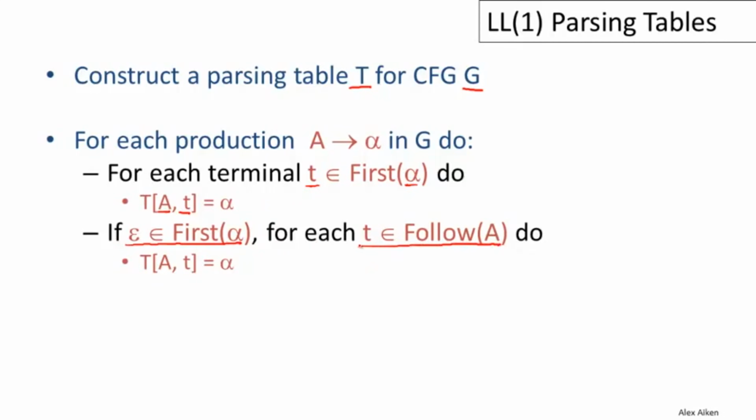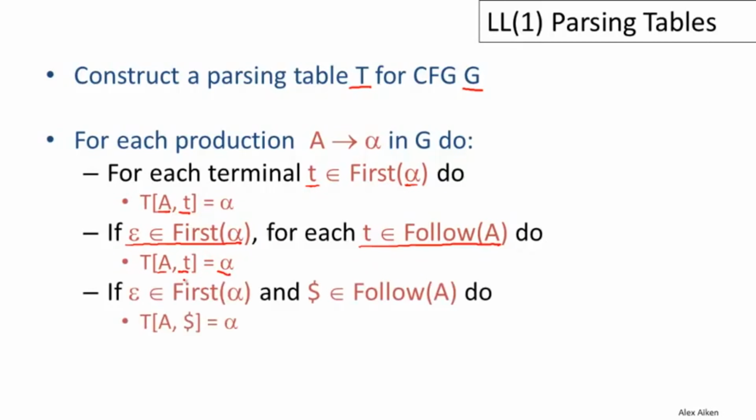So T is able to come after A in some derivation. So if T is in the follow of A and the right-hand side of the production can go to epsilon, then we add the move that when A is the leftmost non-terminal and T is the next input, we can expand A by A goes to alpha.